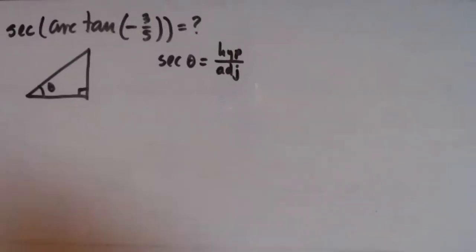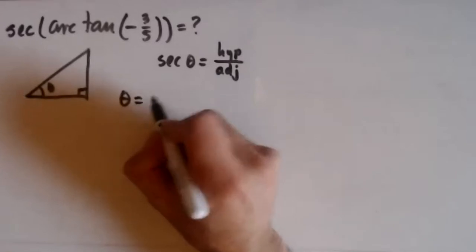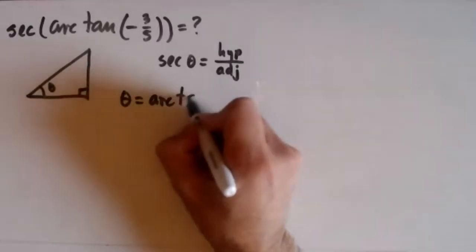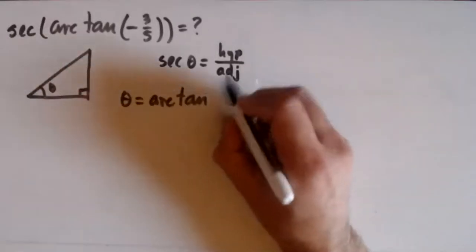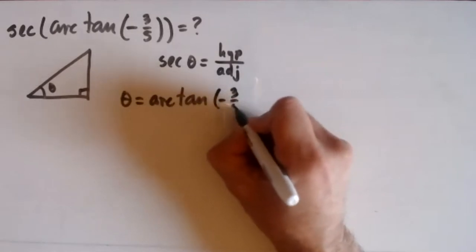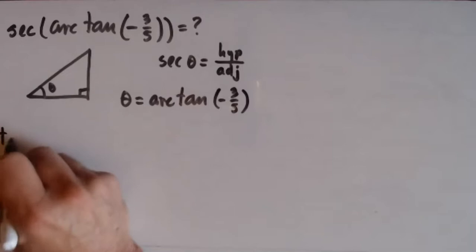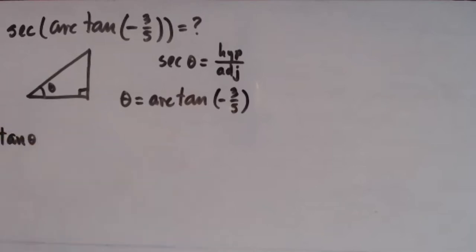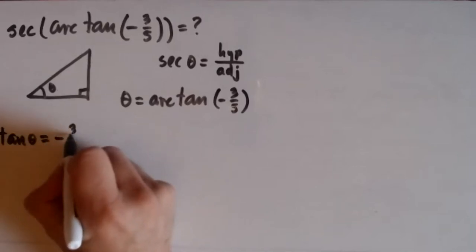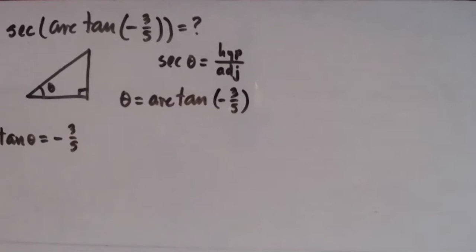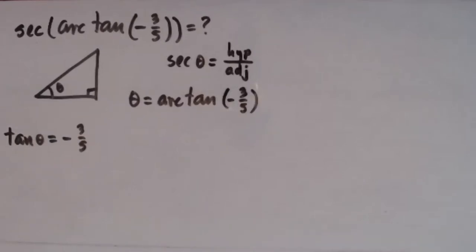Now, I know that theta is the arctangent of -3/5. According to this, the tangent of the angle, using the inverse, is -3/5. Here is my first problem in this situation.